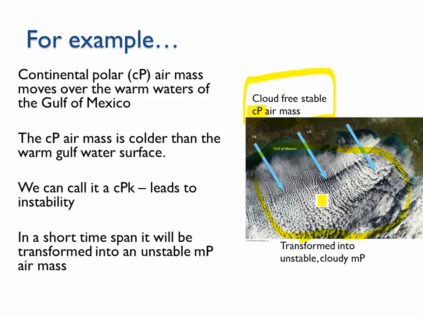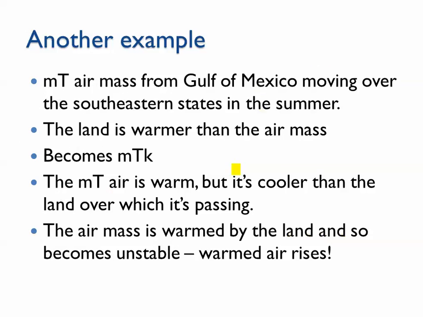That cold air moves over the warm water surface. The warm water warms the air. That warm air rises and forms these clouds, right? So we have unstable conditions, cloudy, and eventually it's going to become a moist polar air mass. So first we're going to call it CPK, and then eventually it'll be transformed into a moist polar air mass.